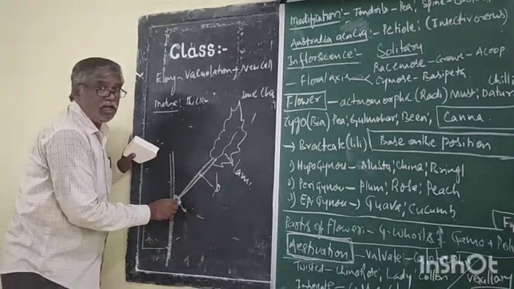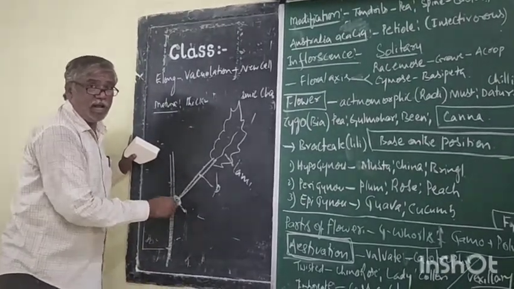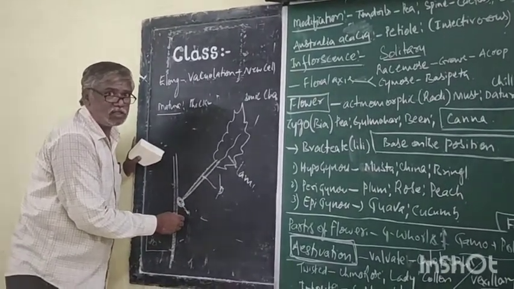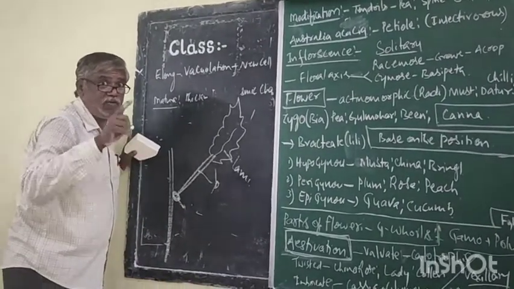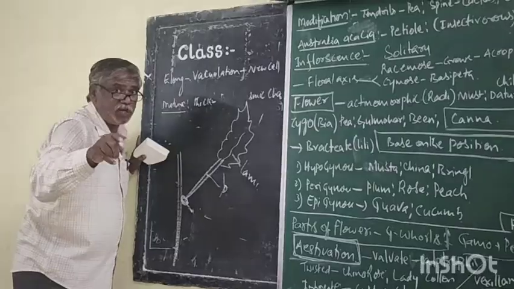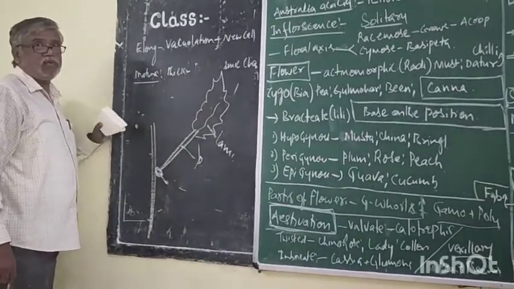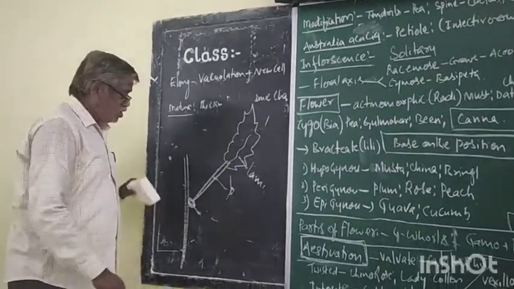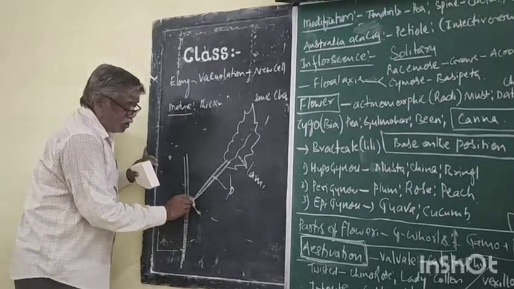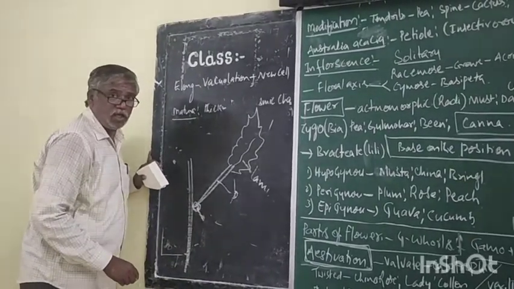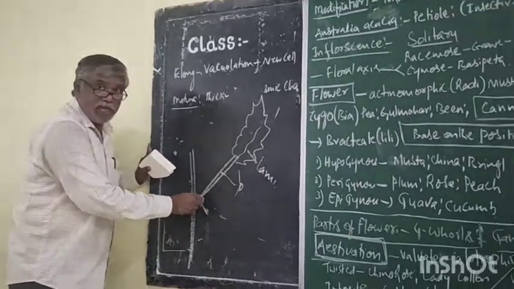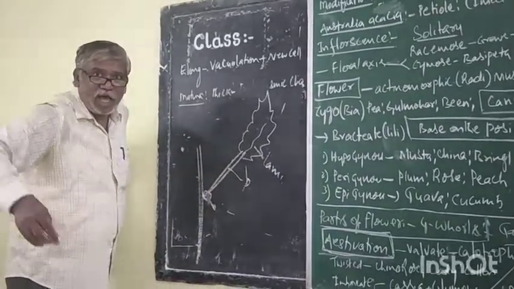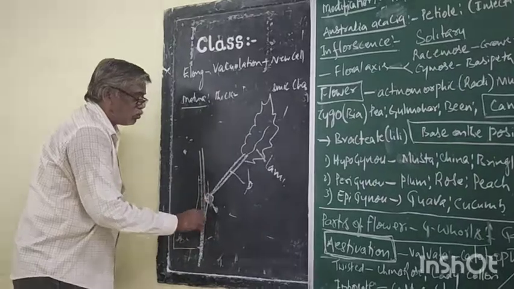Now what is this leaf base? The bulged leaf base is called as pulvinous leaf base. Pulvinous leaf base is a character of some leaf bases, such as in leguminous plants. In monocots, this leaf base is expanded and covers the stem.